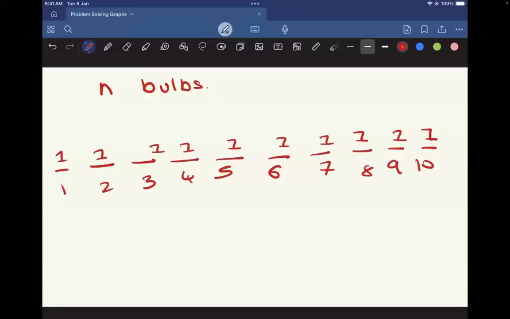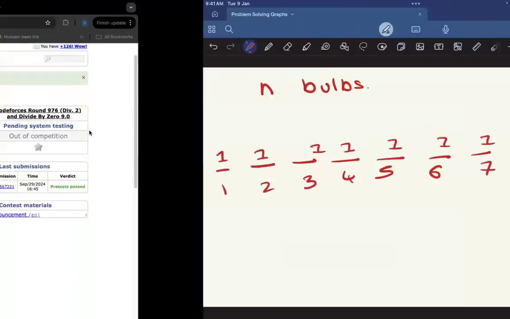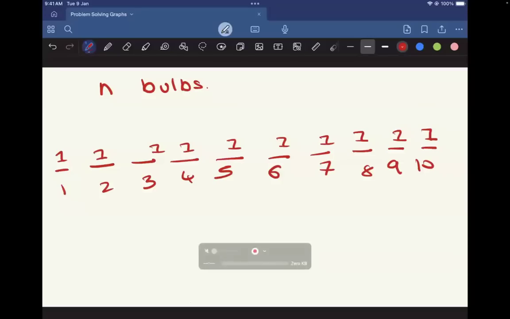Now, on each iteration, what are we doing? For example, we start with 1, we flip all the states of the bulbs such that their number is divisible by 1. So, do you agree? We would flip everything from 1 to 10? Yes or no, guys? Tell me.